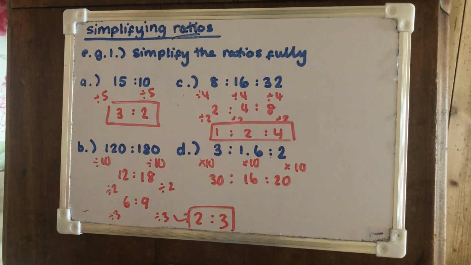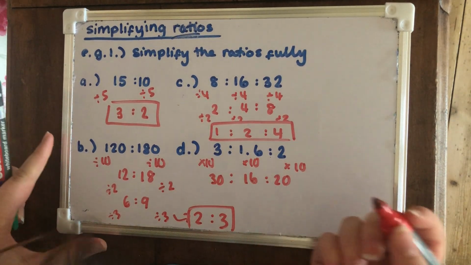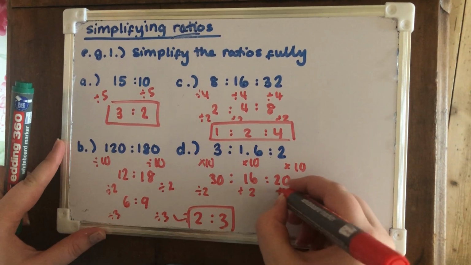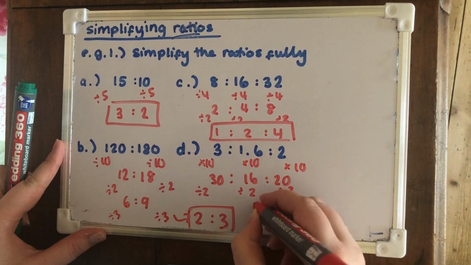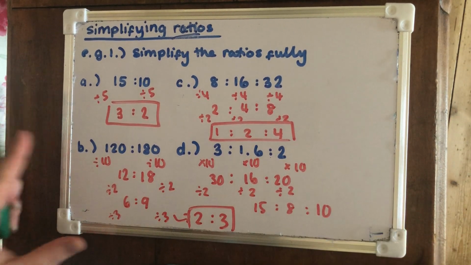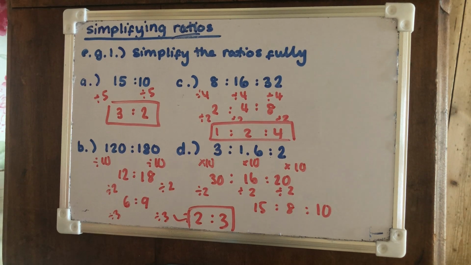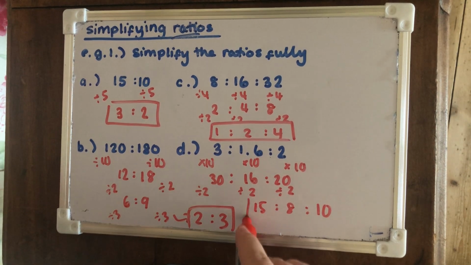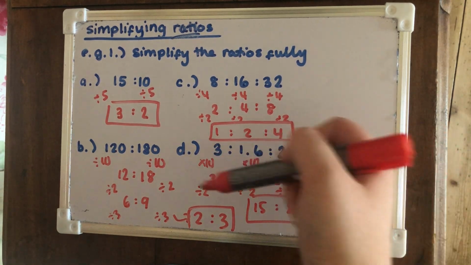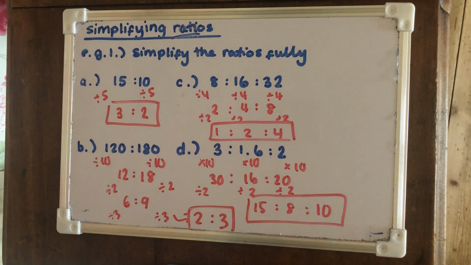Okay, and then from there we can work out what goes into all of those. So easiest number would be 2. Okay, so 30 divided by 2 is 15, 8 and 10. Okay, and there are no other numbers that go into all of those, so that is my final answer. Okay, so it is bigger than this one here, but that is okay because we didn't want the decimal there.